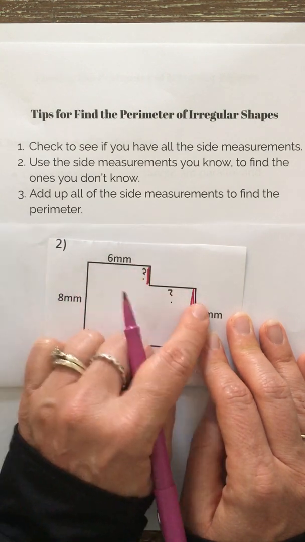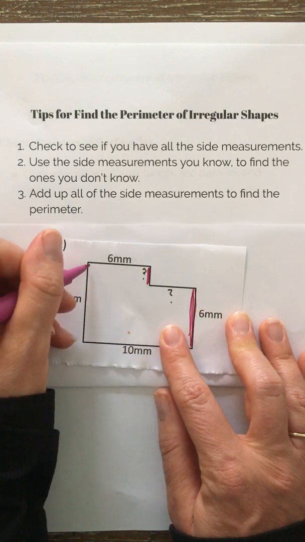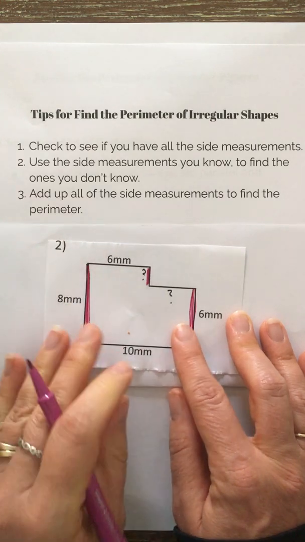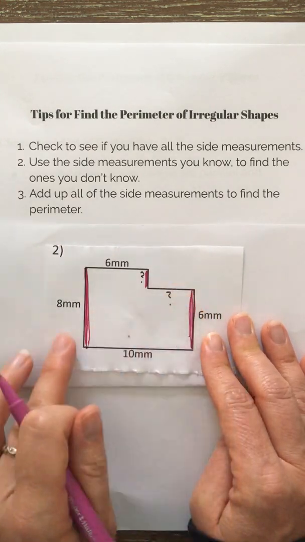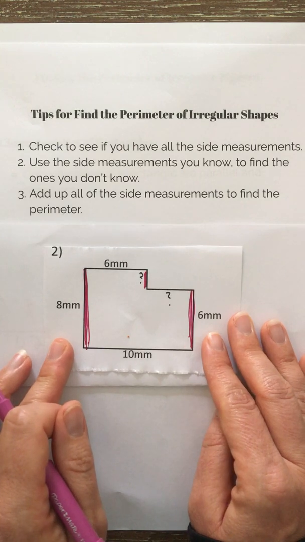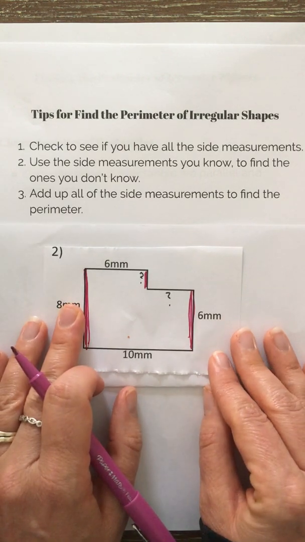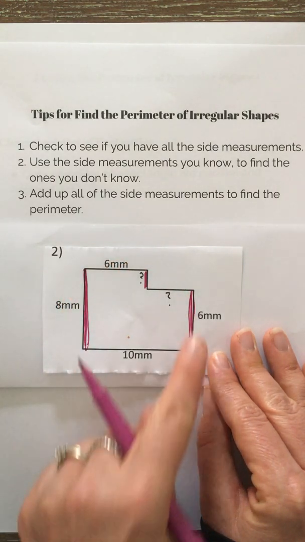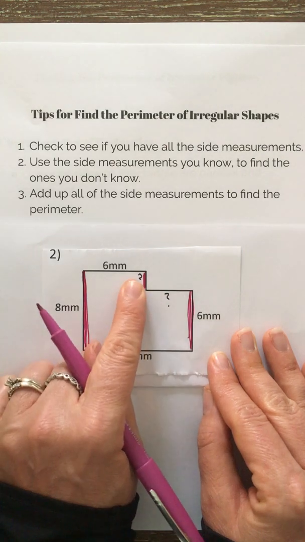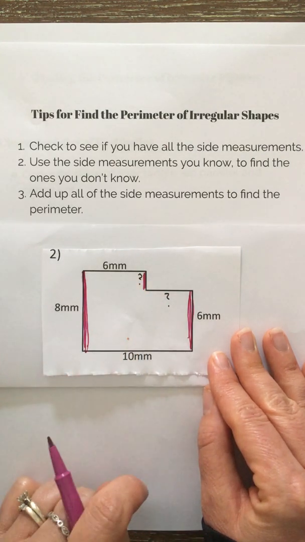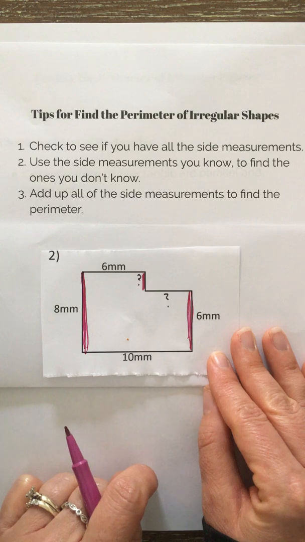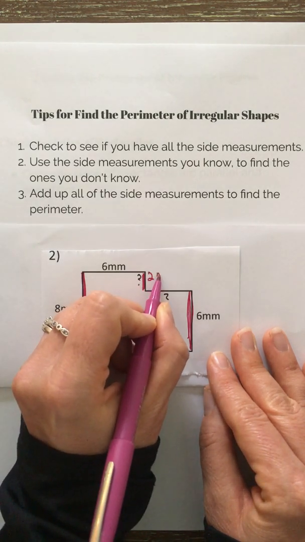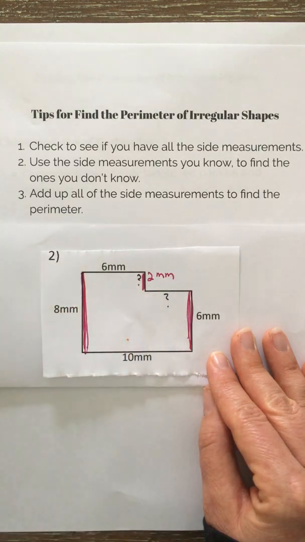And their opposite side is over here, running vertically up and down as well. So I know that this side and this side are going to be congruent in size. Well, if this is 8 millimeters, these need to equal 8 millimeters as well. Well, this is 6, but we don't know this. So 6 plus what number will give me 8? Well, I know 6 plus 2 is 8, so that's going to be my missing side, 2 millimeters. So I found that missing side length.